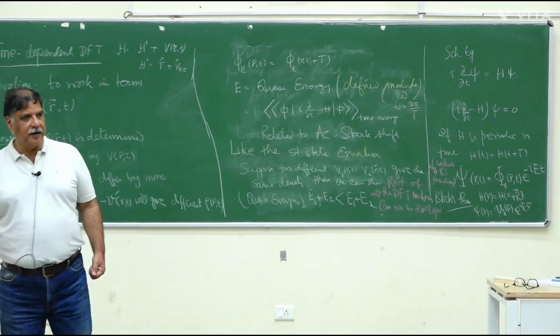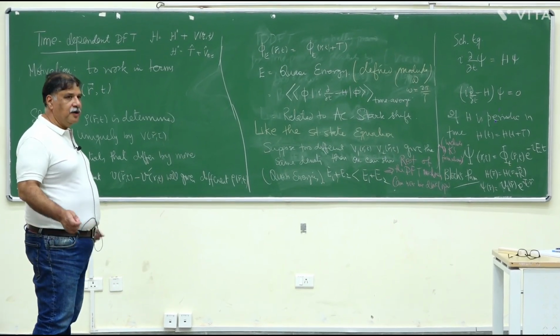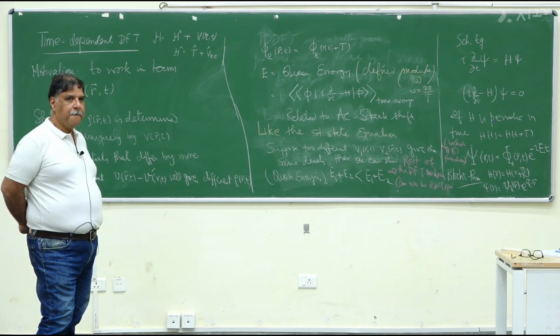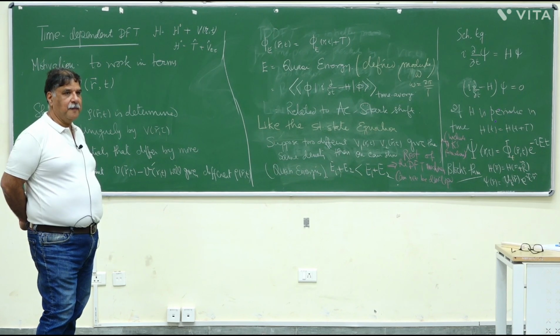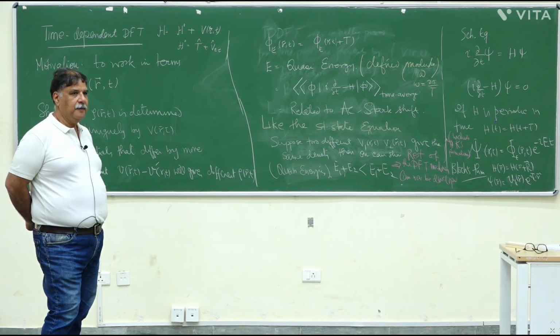There's a unique thing, I can write everything in terms of this periodic density, and then the rest follows. Is that okay? Quasi-energy now can be written as a function of the density. Fine? Any questions on this?